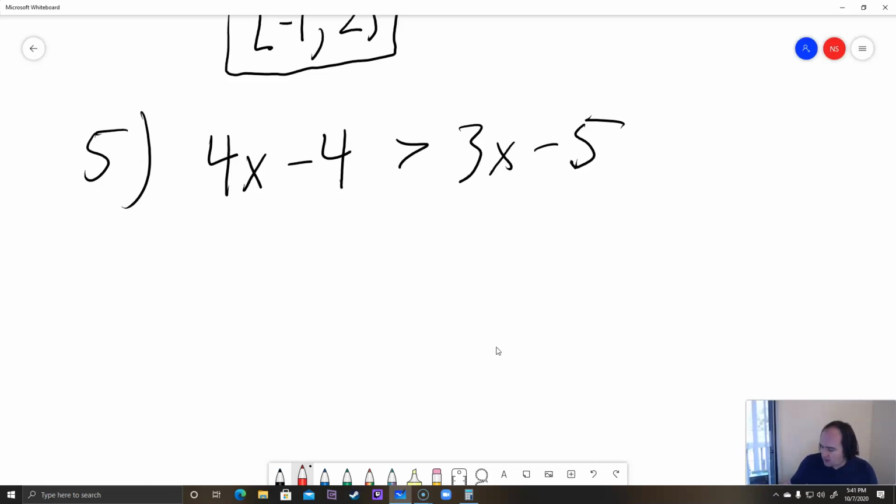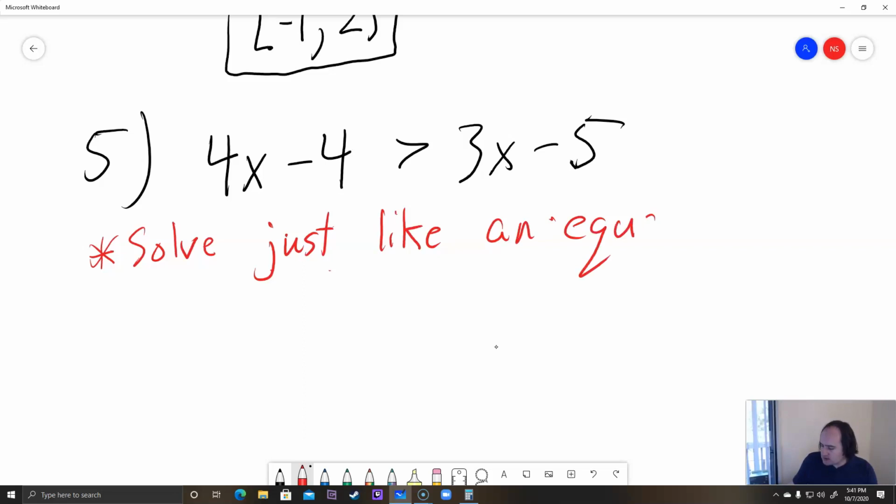And we solve an inequality a lot the same way we solve an equation. So solve just like an equation. You perform operations to both sides, except you flip the direction.